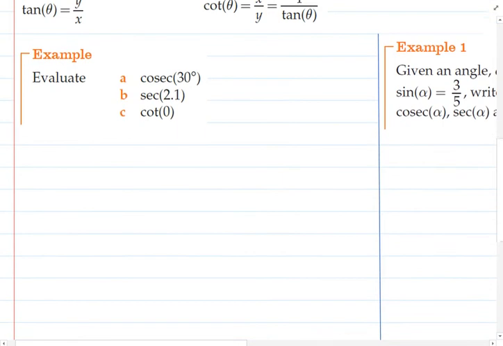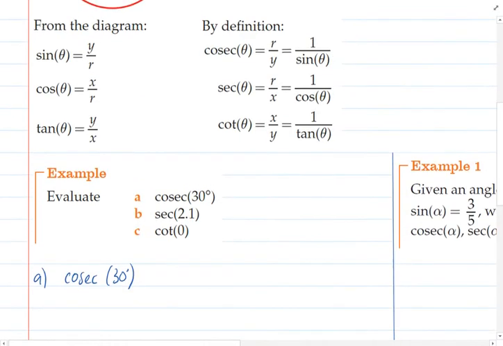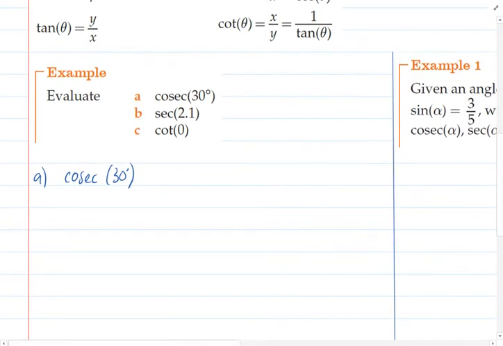And so with these first examples here, we're evaluating cosecant of 30, so cosec 30 degrees. That's the same as 1 over sine of 30.